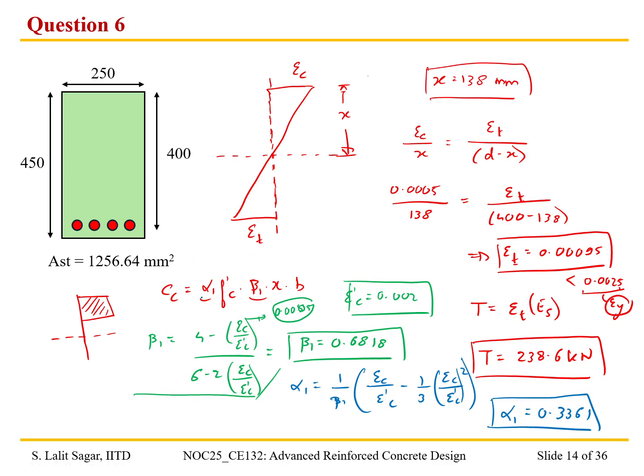Now, let us go back and find out the resultant compressive force. When we substitute alpha 1 as 0.3361, f prime c as 30, beta 1 as 0.6818, x as 138 millimeter, and b as 250 millimeter, we obtain the resultant compressive force Cc as 237.2 kilonewton.